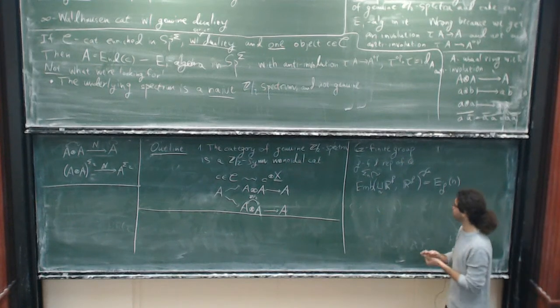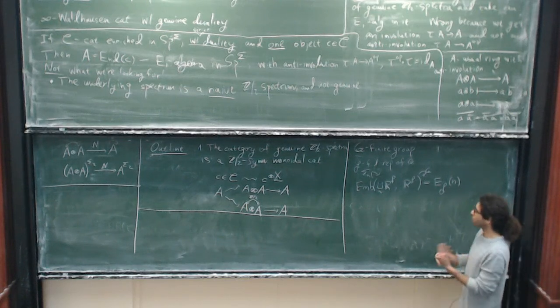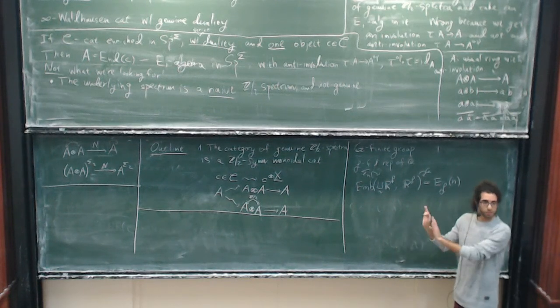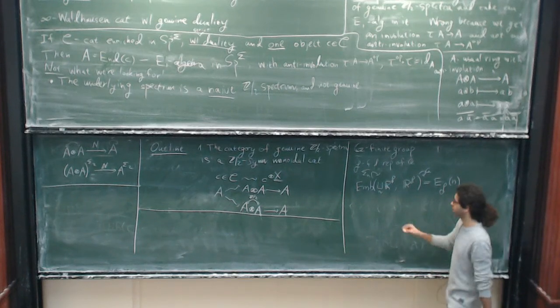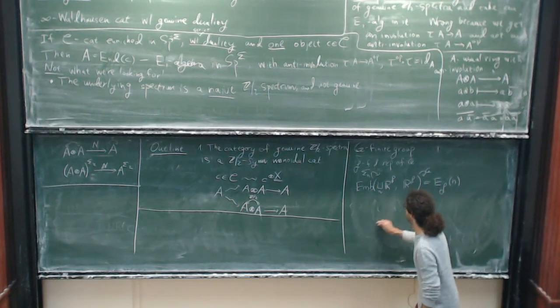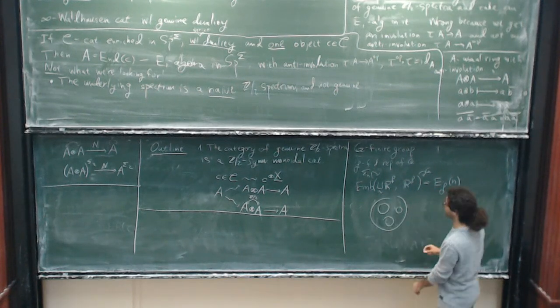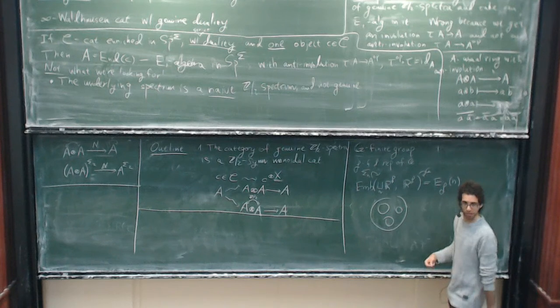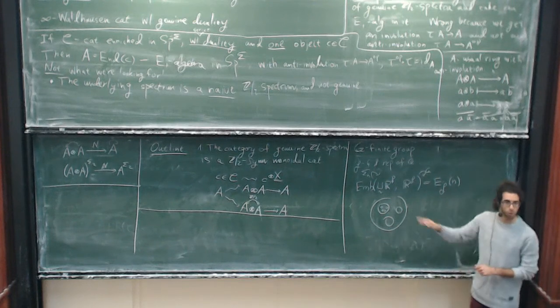And also we need composition, and the composition goes in the exact same way that you know from the usual E_n operads. If you imagine this as disks sitting inside a big disk, and you imagine another such operation, disks sitting inside a larger disk, you can compose like this.